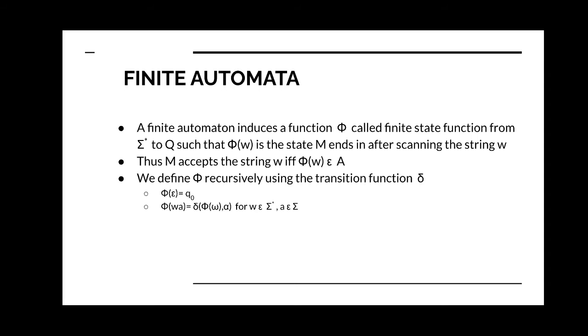Thus, the machine M accepts the string w if and only if phi of w belongs to the accepting states A. We define phi recursively using the transition function delta. Phi of epsilon will be q0. Phi of wa is delta of phi of w comma a, for all w belonging to sigma star and a belonging to sigma.